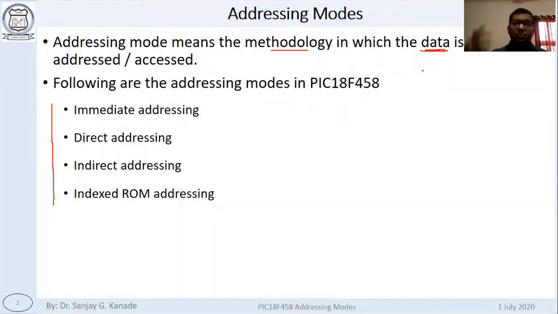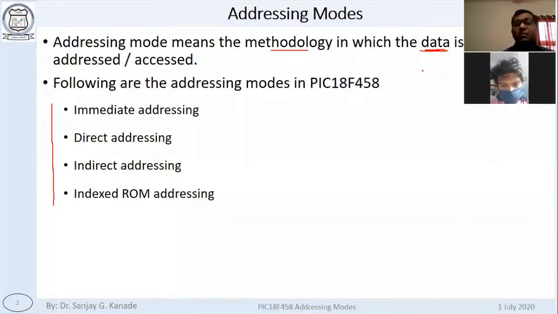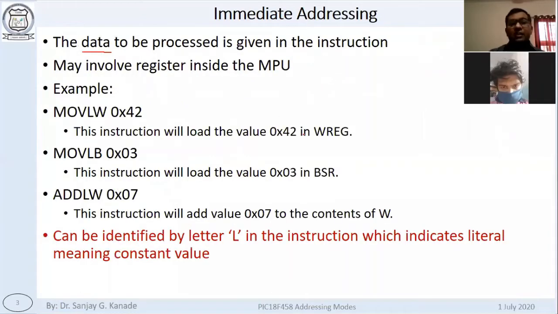Like we have seen some programs, we added some numbers, or we moved one number to another, right? So we always process some numbers. So how that number is accessed, that is indicated by the addressing mode.